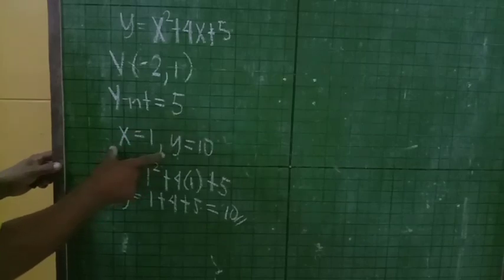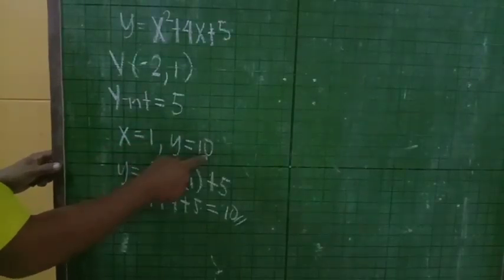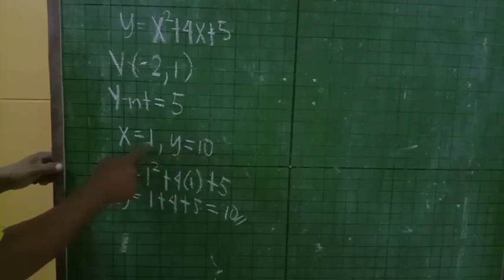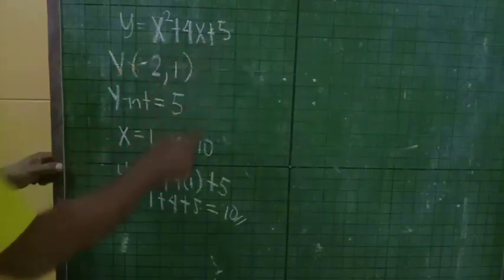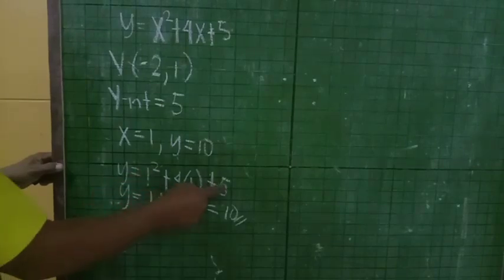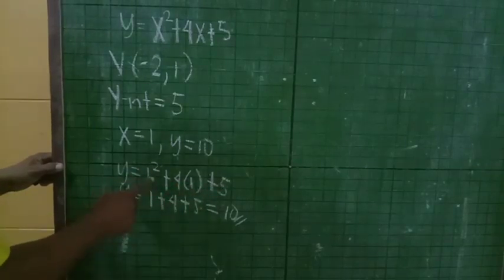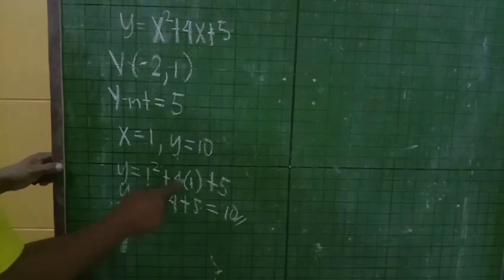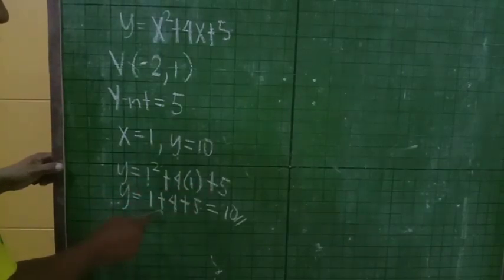And yung nag-assign ako ng point sa x, when x is 1, y is 10. Paano nakuha yun? Substituting 1 to the value of x in our function, x squared plus 4 times 1 plus 5. Simplifying 1 squared is 1, 4 times 1 is 4, plus 5. Adding 1 plus 4 plus 5, y equals to 10.